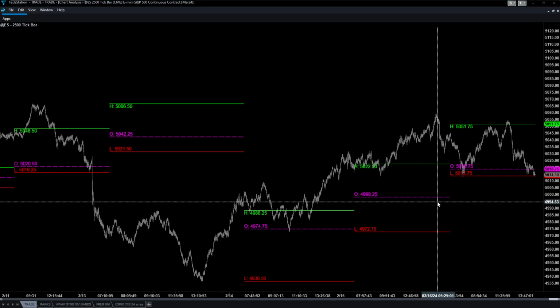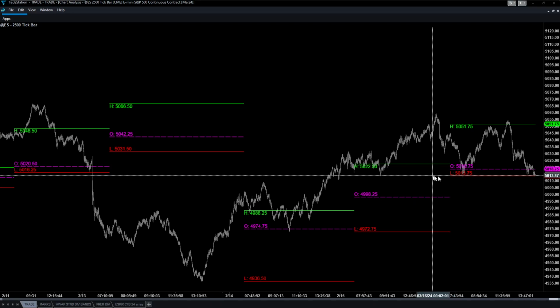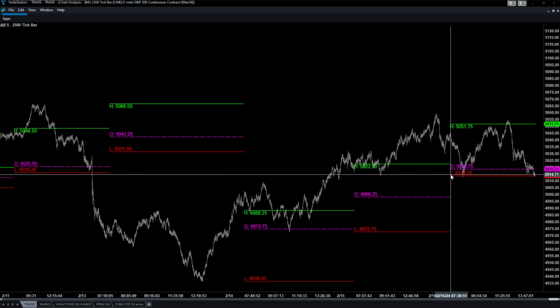So one is 1 day back. So it's plotting the previous day open, high, and low of the previous day based upon the 7:30 session in Mountain Standard Time.